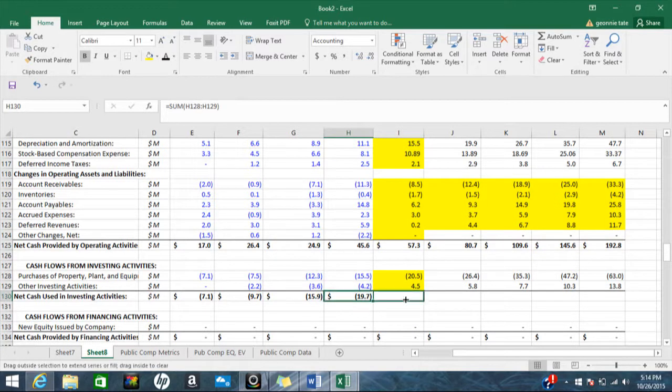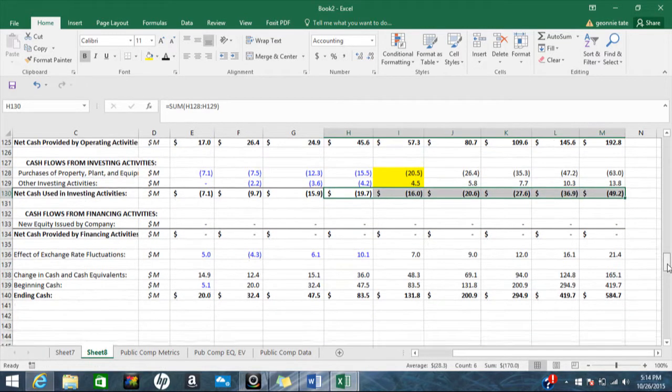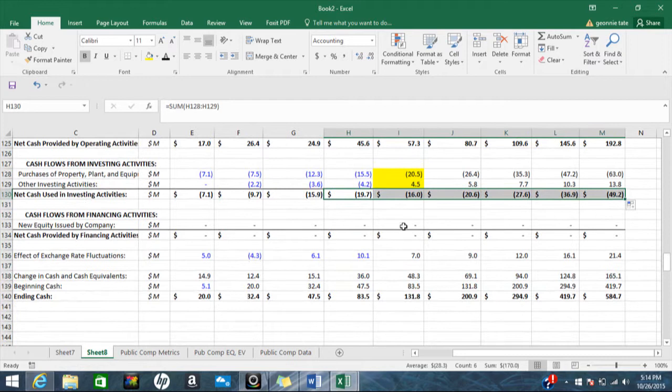Go ahead and sum these numbers. With a new equity issue that goes into the equity line item.